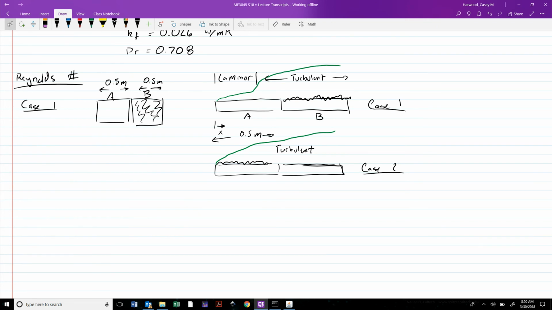All right. So, let me write a transition when Re_x equals 5 times 10 to the 5th, and transition at x equals 0.